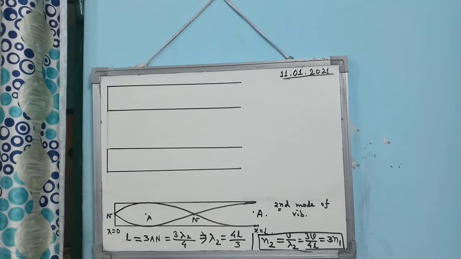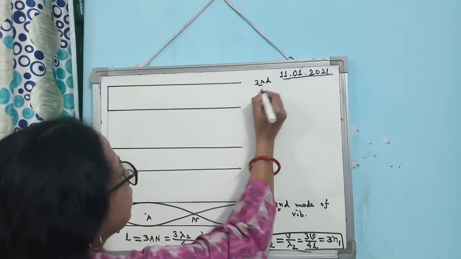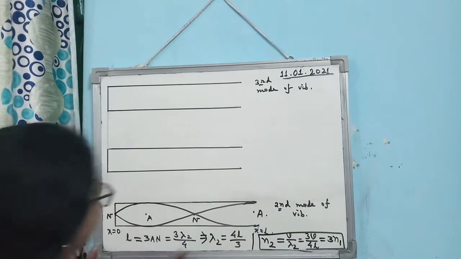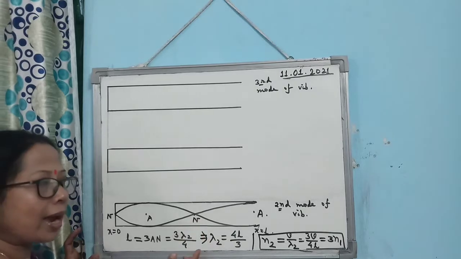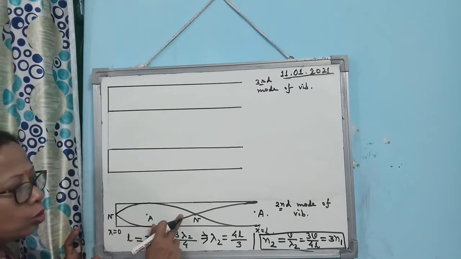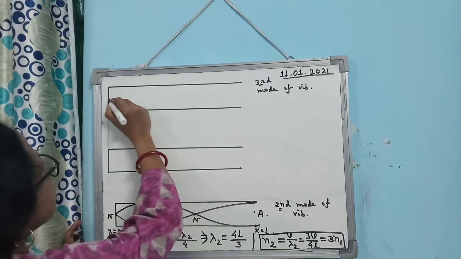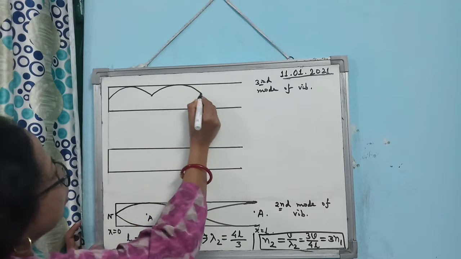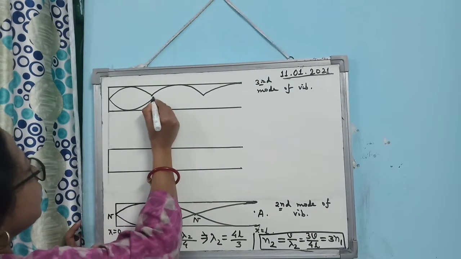So next, what will be the next mode of vibration? What is the third mode of vibration? Once again, what I have to do? Now it is 1.5 loop, so I have to add one more loop. Means it will be 2 closed loops and 1 half loop. So you can draw the diagram this way: 2 closed loops and 1 half loop.